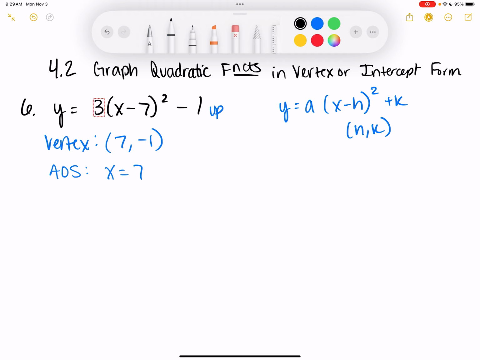So, axis of symmetry is at x equals 7. Vertex is at 7, -1.